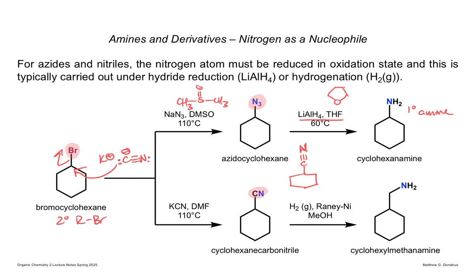You see that both the carbon and the nitrogen are at higher oxidation states. So carbon's at 3, nitrogen's also at a higher oxidation state, so we can reduce it. And this would use hydrogen gas, Raney nickel, and methanol. And so ultimately what it's doing is taking the oxidation state of the carbon from 3 to 1.